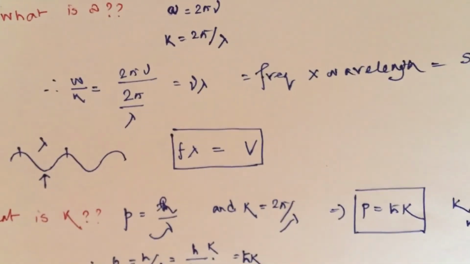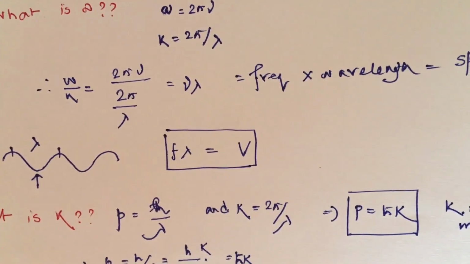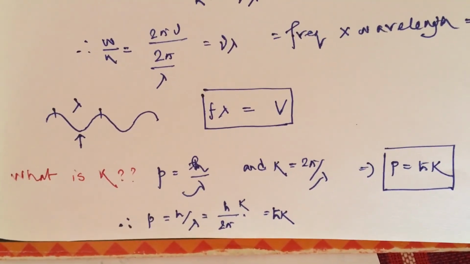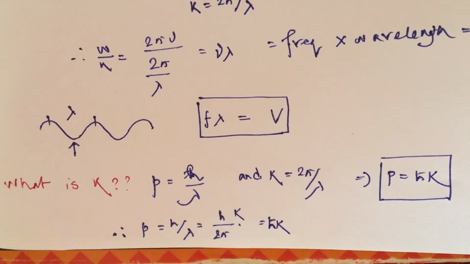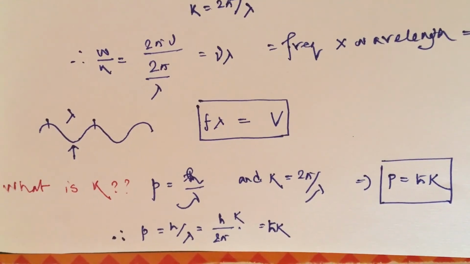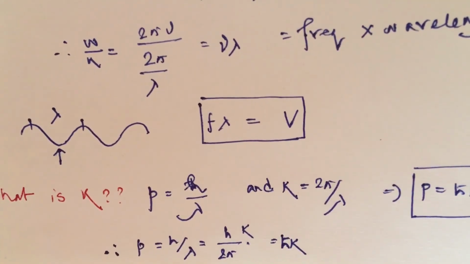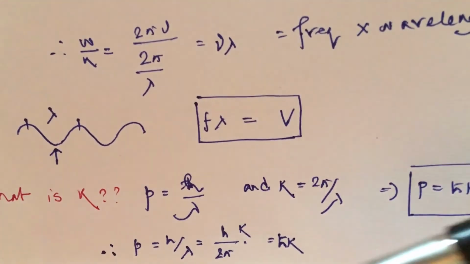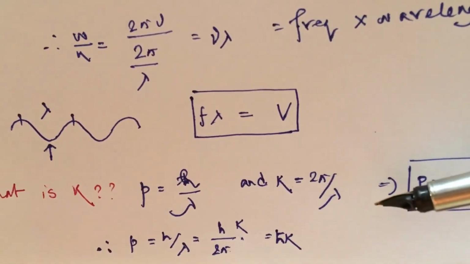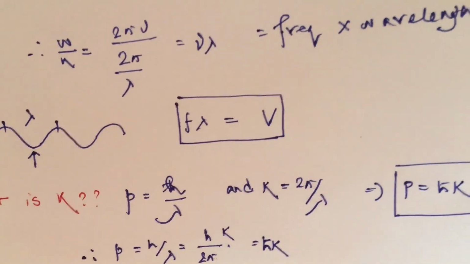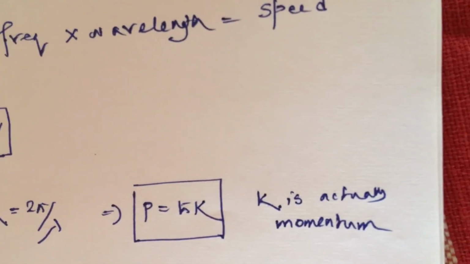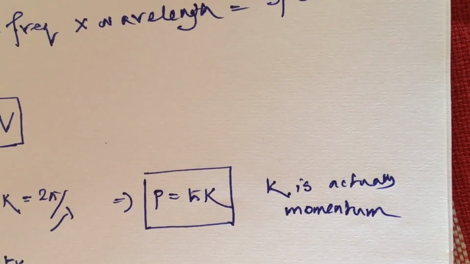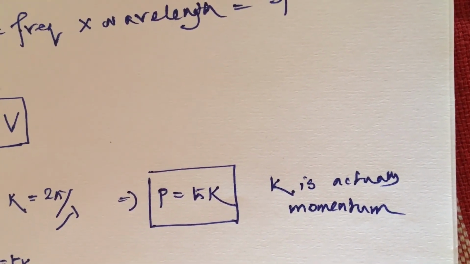So this omega by k will give me the speed. And what can we actually measure by measuring k? We know p equal to h by lambda from the de Broglie relation, and k equal to 2 pi by lambda. So lambda is equal to twice pi by k, and I will get p equal to h cross k. And p equal to h cross k tells us that k is actually giving us a measurement of the momentum of the wave.